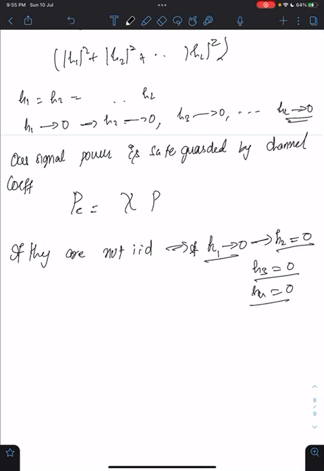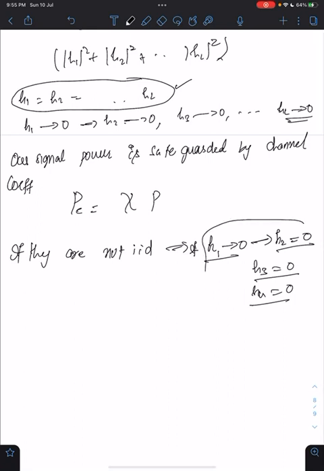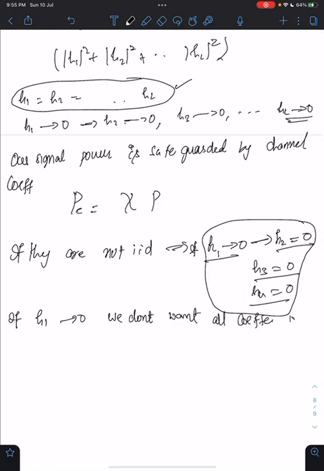We started with the extreme dependence case, and once one channel coefficient goes to 0, all of them go to 0. This is not what we want. All we want is, if H1 goes to deep fade, we don't want all of the coefficients to be in deep fade.